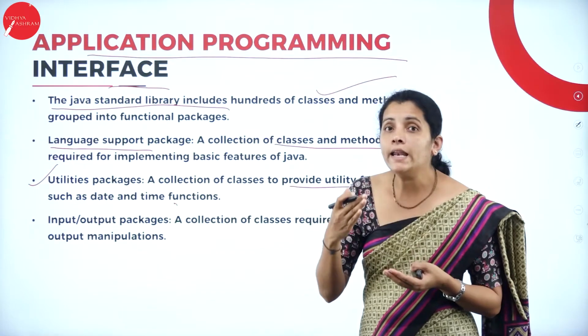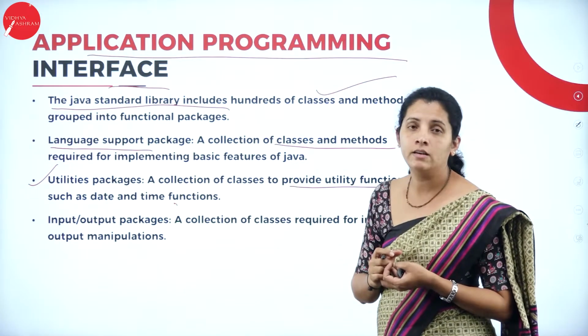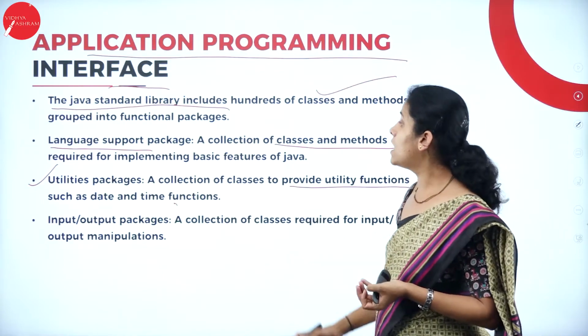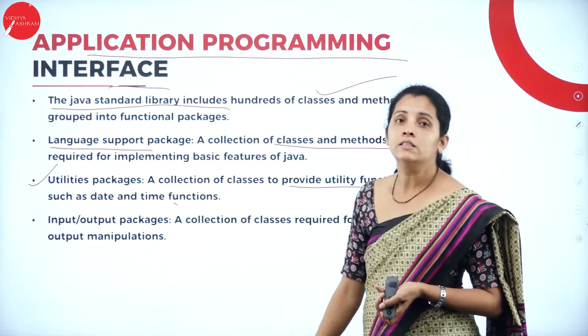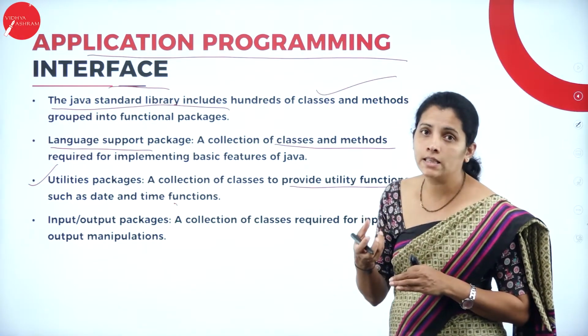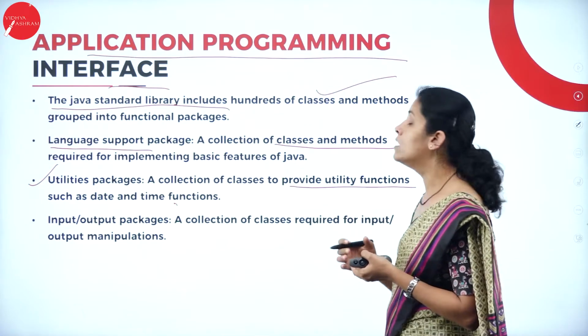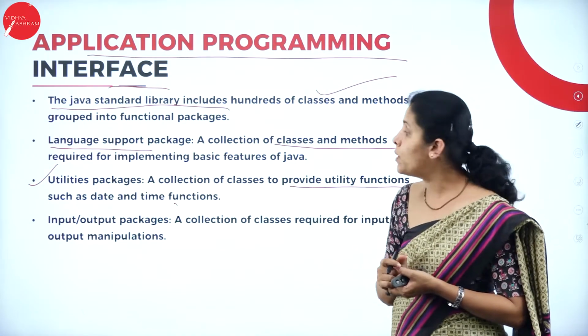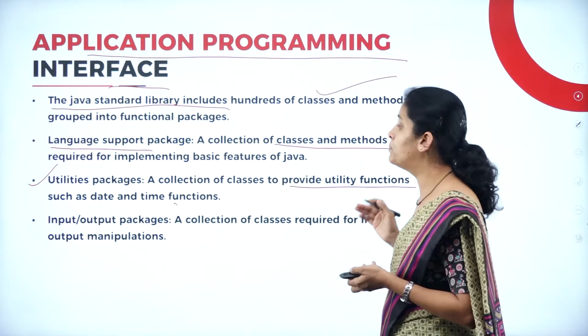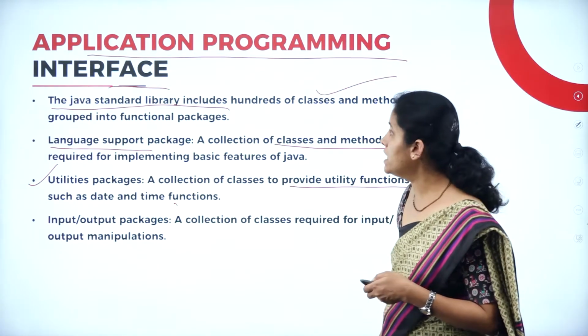And what is another type of package I'm going to have here? That is nothing but the Java input and Java output package. So once again, it is a collection of classes and methods which is required to perform input and output operations or manipulation.